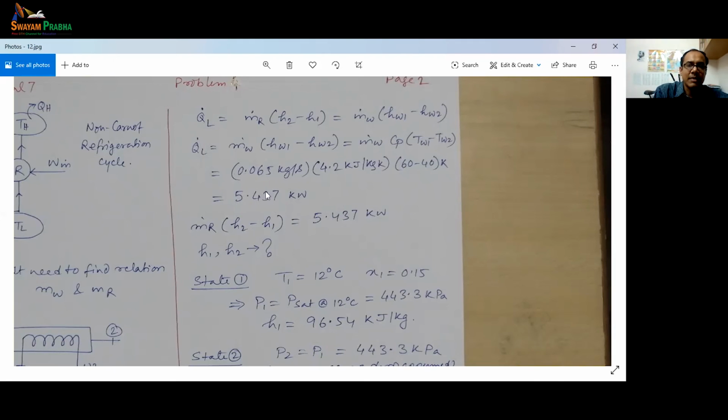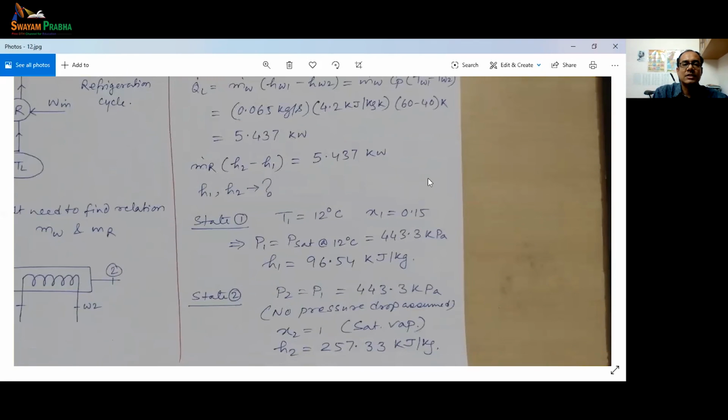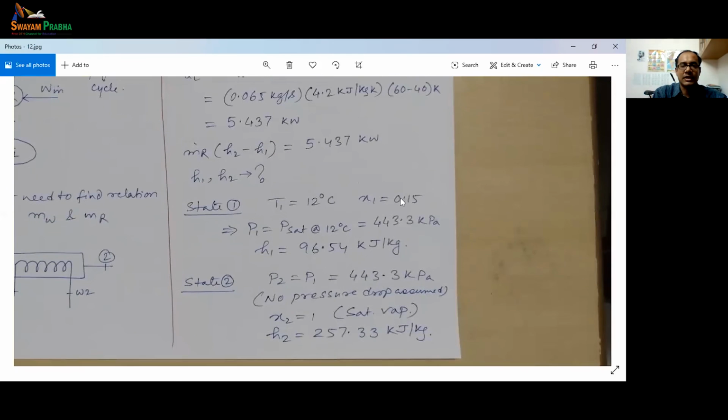Now the same amount of heat is gained by the refrigerant stream, right? So m dot R times (h2 minus h1) will be equal to 5.437 kilowatt, right? But here we don't know what is the value of h1 or h2, right? So for that, the state conditions are given, which we have to utilize.